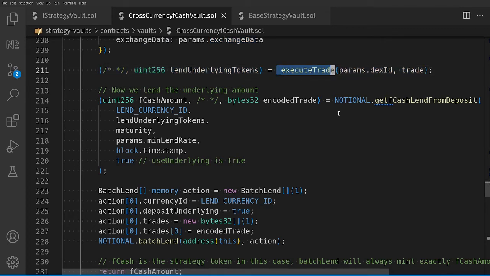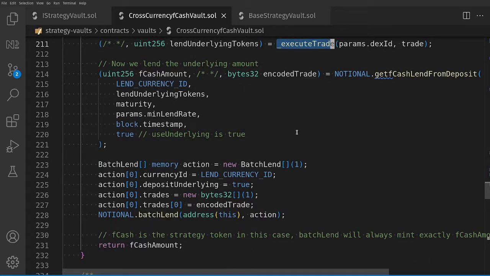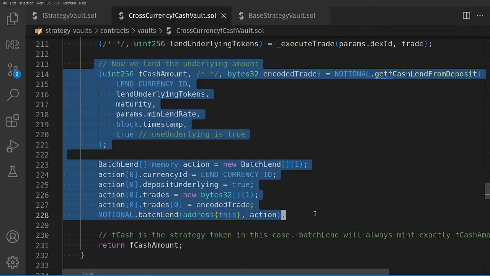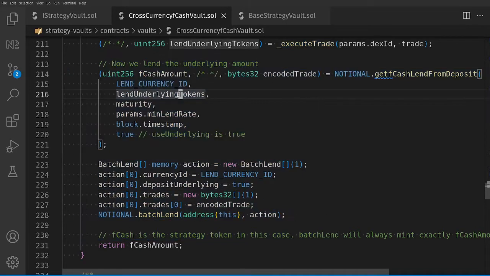From here, we'll call execute trade. So execute trade is going to execute an exchange through our trading module, which will ensure that different limits and other guidelines are met to make sure we make a safe trade through the DEX. And the last step here is going to be to lend the DAI that we received. So we received this much DAI. We're going to calculate how much fCash we would receive for that.